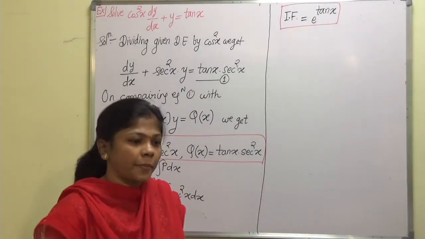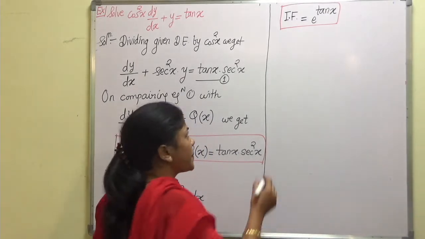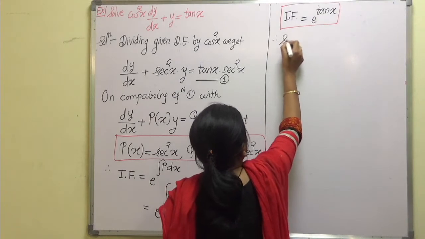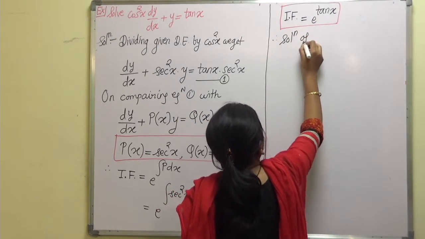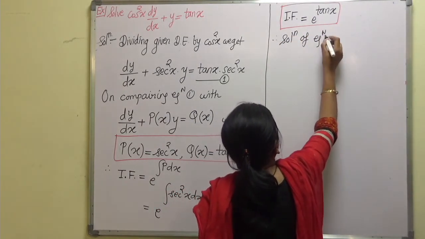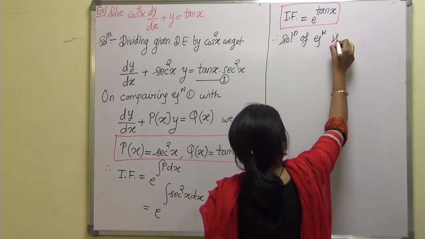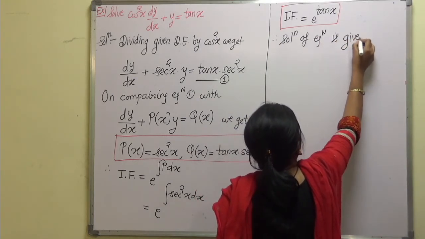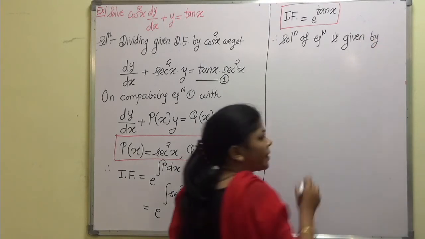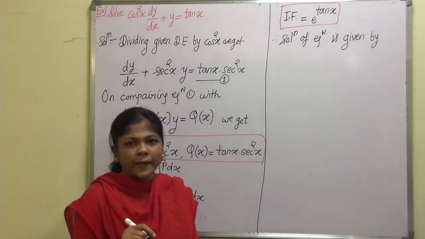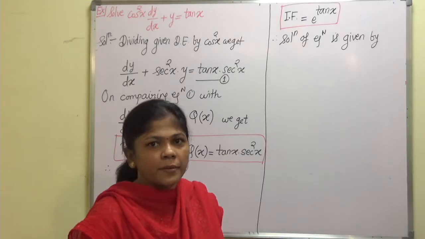Now the third step. What is the third step? The third step is the solution. Therefore, the solution of the given equation is given by, so we shall first write the standard formula and then put the quantities one by one.